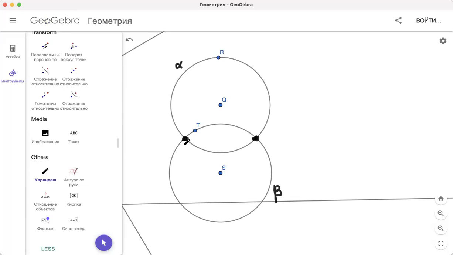Let me denote them by gamma and delta. And then I consider ellipses passing through these intersection points and tangent to both circles.